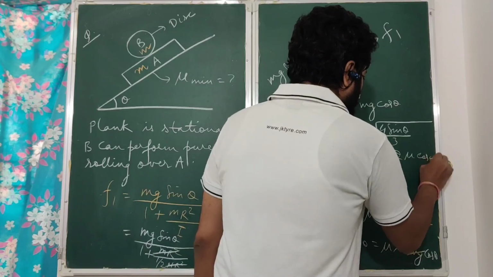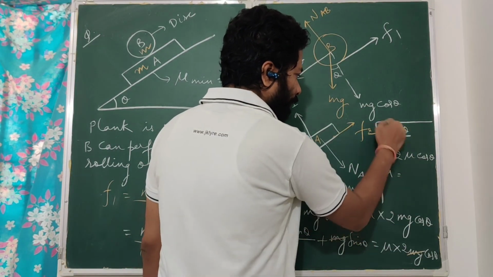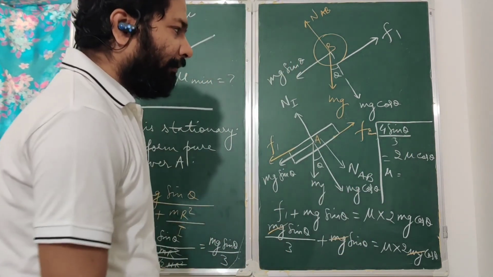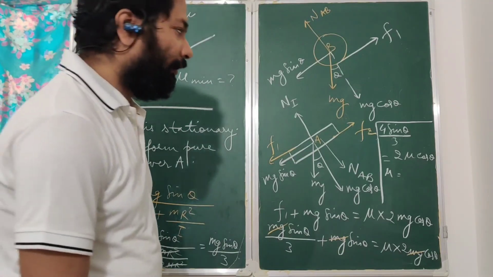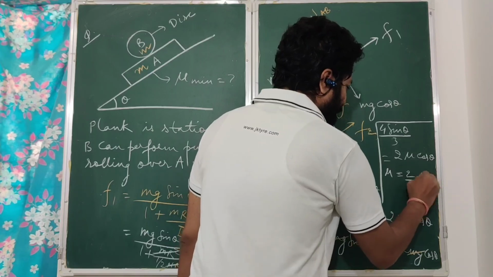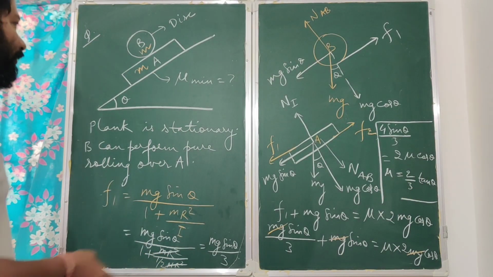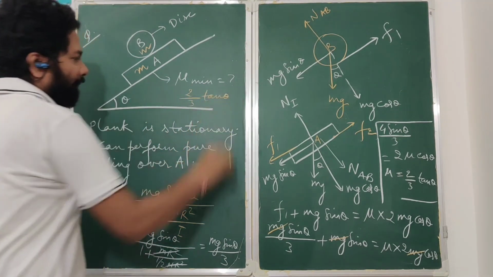So what is the value of mu then? 2 will get cancelled. 2 sin theta by 3 cos theta. Sin theta by cos theta is tan theta. So mu is 2 by 3 tan theta. So the answer for this question is 2 by 3 of tan theta.